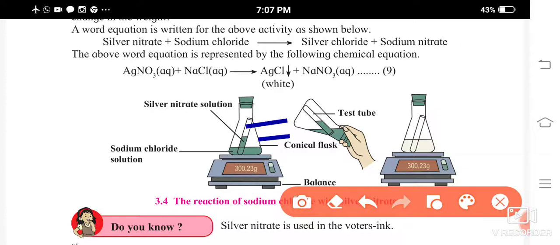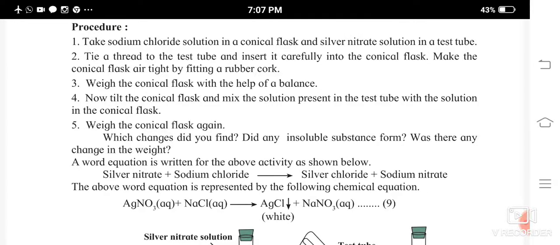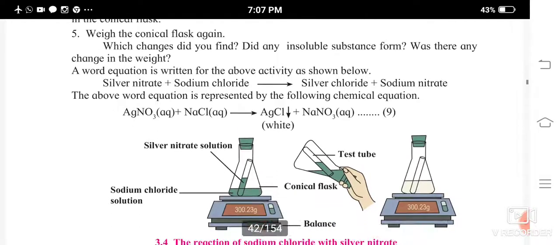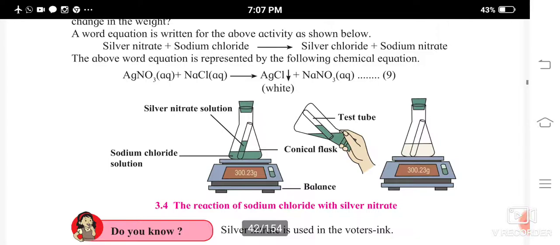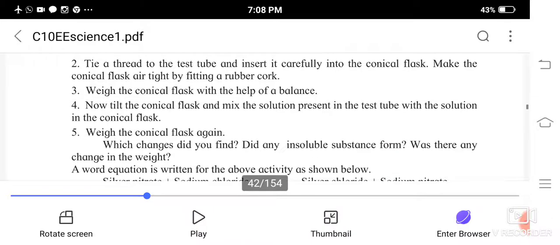You are going to tie a thread to this test tube and insert it in this conical flask. Then you are going to close this conical flask and make it airtight. And then you are going to weigh this conical flask with the help of a balance. You can see here, you are weighing it in the balance. It's showing 300.23 grams.